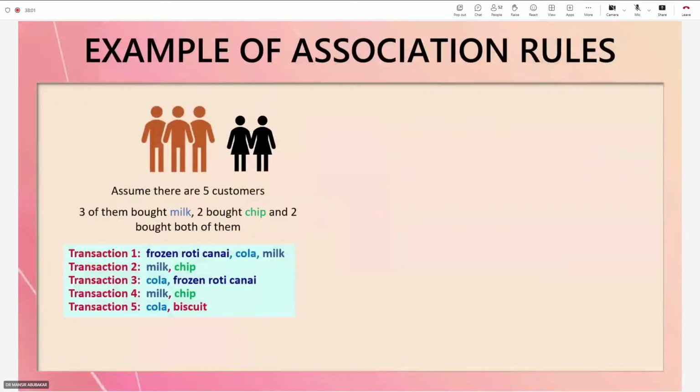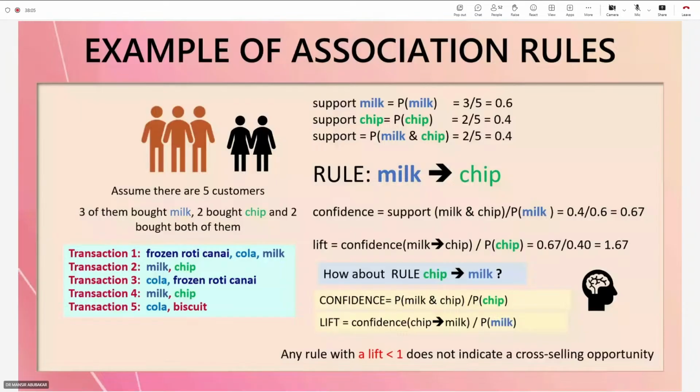Let's assume there are 5 customers making transactions in a particular shop. Three of them bought milk, 2 bought cheese, and 2 bought both milk and cheese. The transaction record is in the table. Transaction 1: the first customer bought frozen roti, cola, and milk.